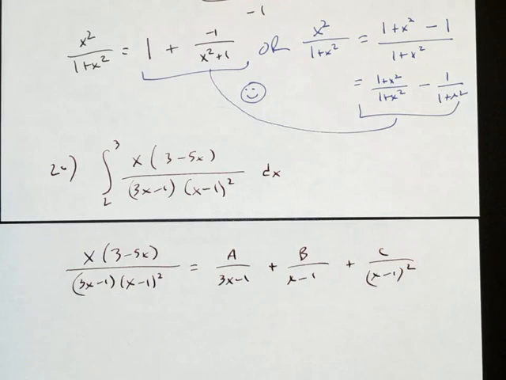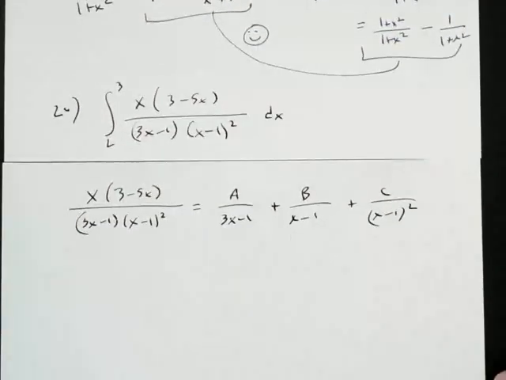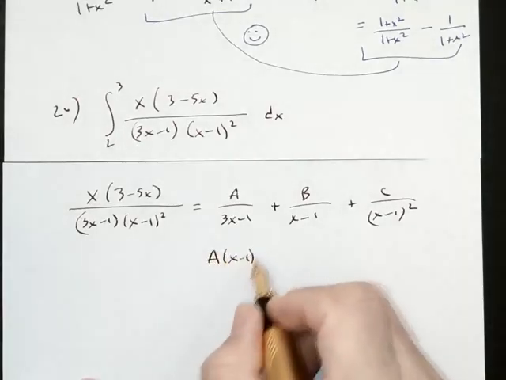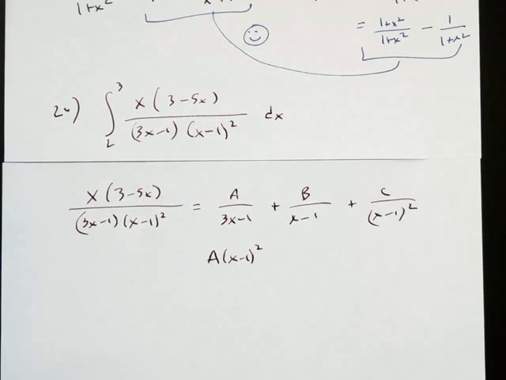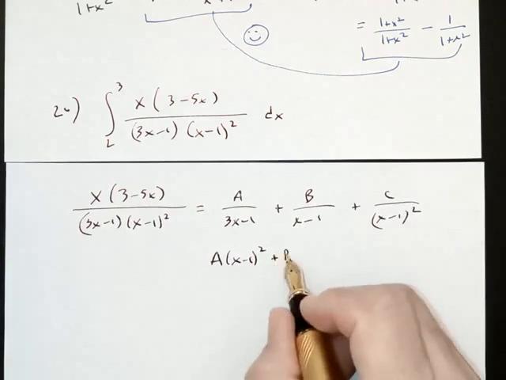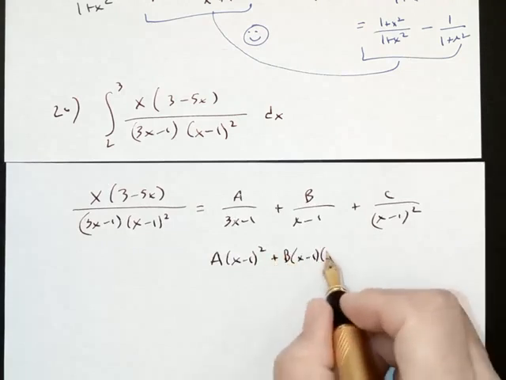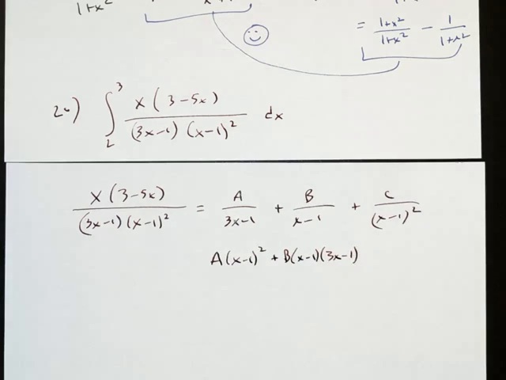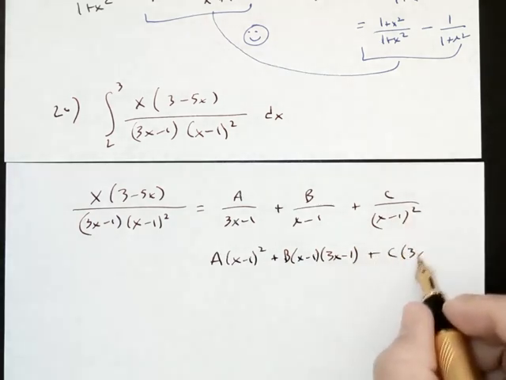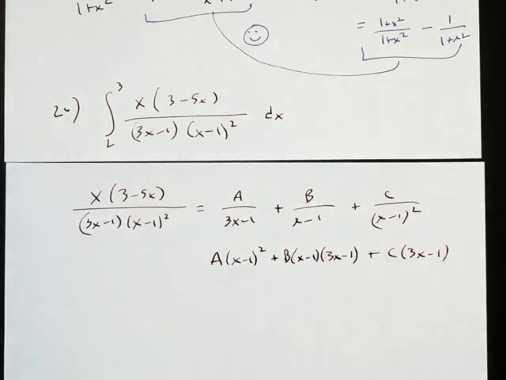There, and then I tried to expand it out and find a common denominator. So that's got 3x minus 1. It doesn't have the x minus 1 squared. This has the x minus 1, but only to the first, so I'm going to get another x minus 1, and then I'm going to get the 3x minus 1. This already has x minus 1 squared, so it's just going to get the 3x minus 1.